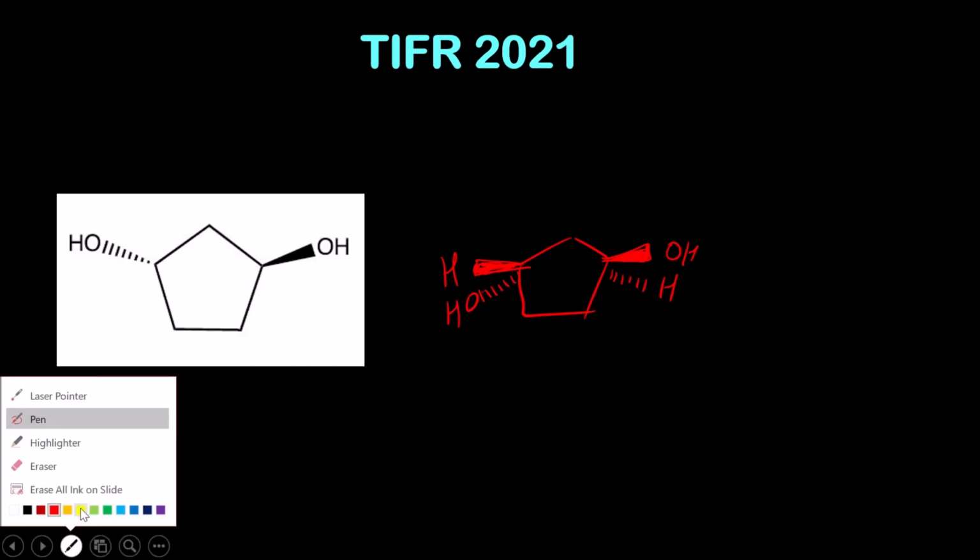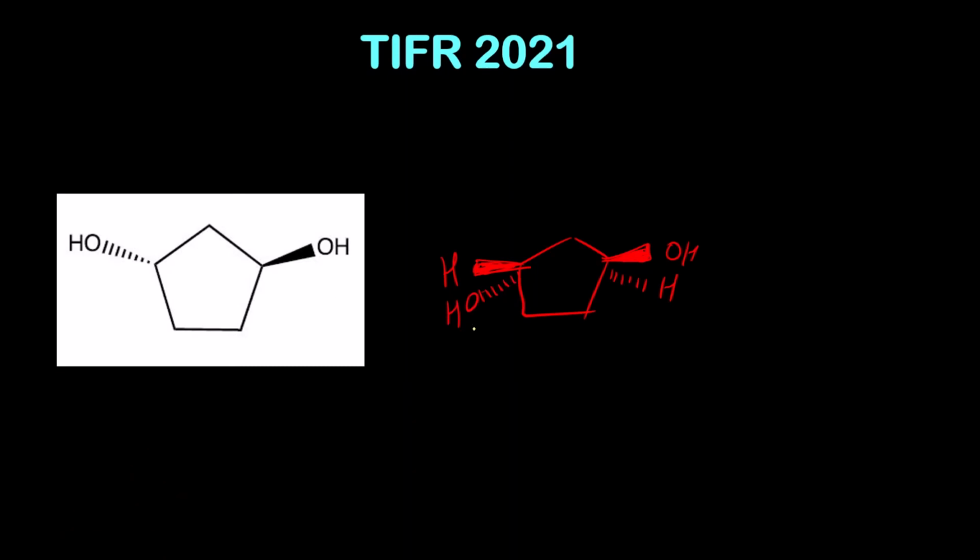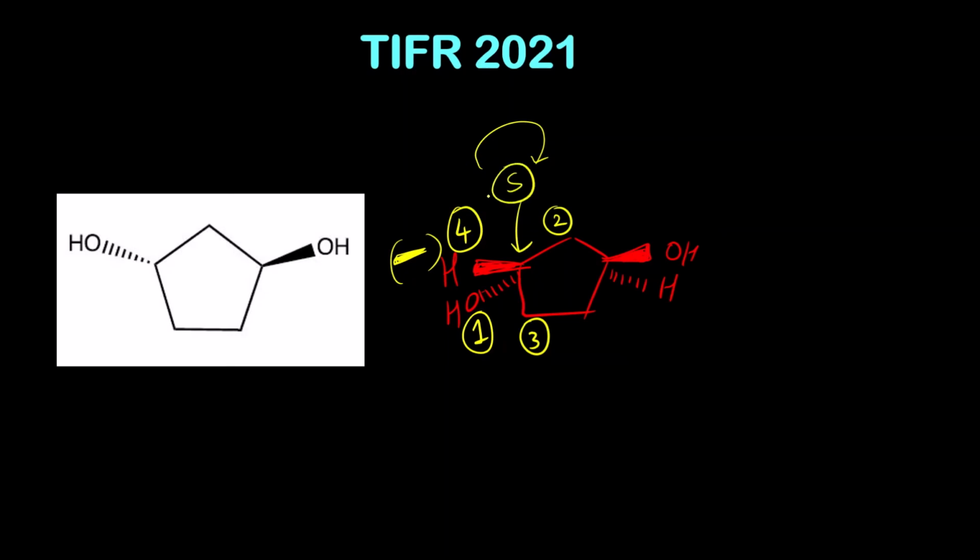Now let us assign the priorities. This will be 1, this will be 2, this will be 3, and this will be 4. The priority will be the same. So 1 to 2 to 3 it is clockwise, but the fourth priority group is on the wedge bond. So the absolute configuration will be S.